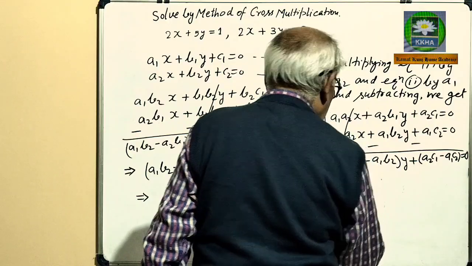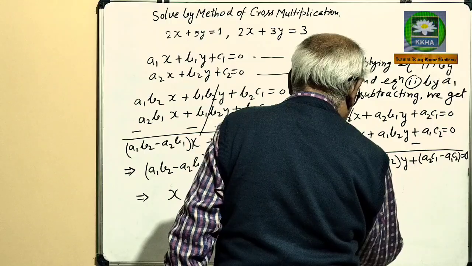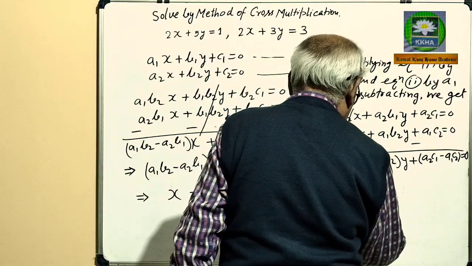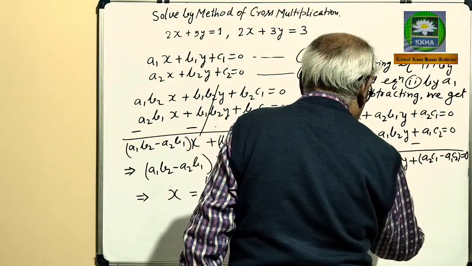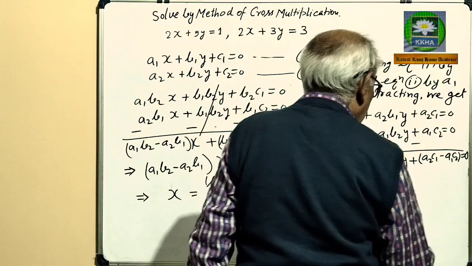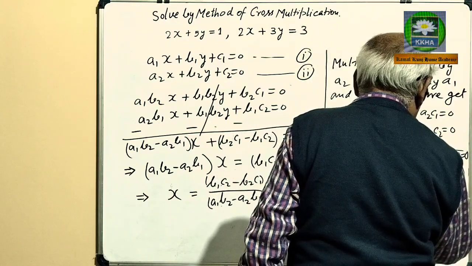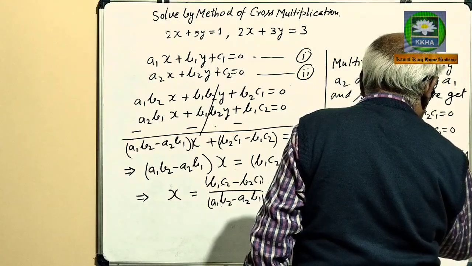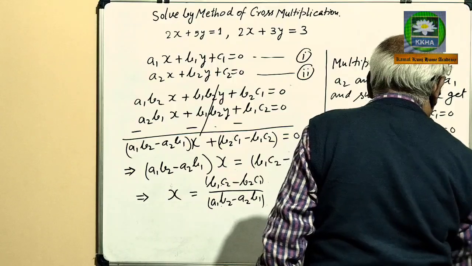This implies that a2 b1 minus a1 b2 times y equal to minus a2 c1 plus a1 c2.